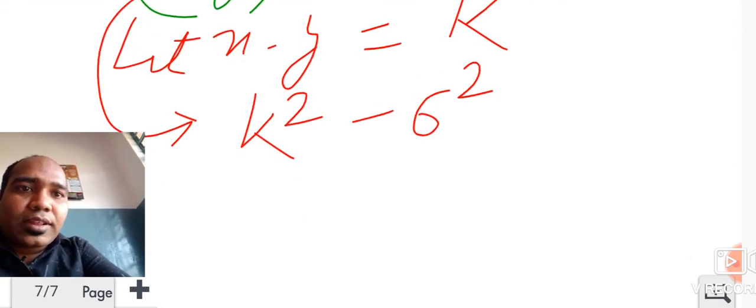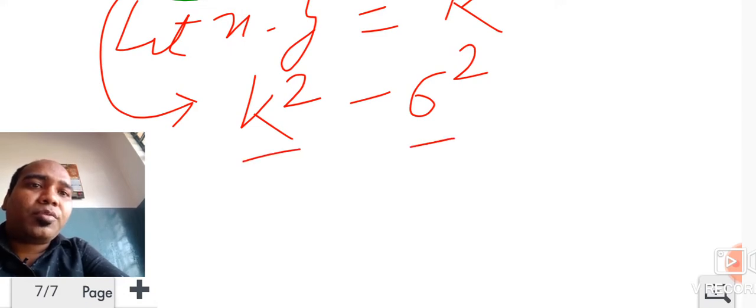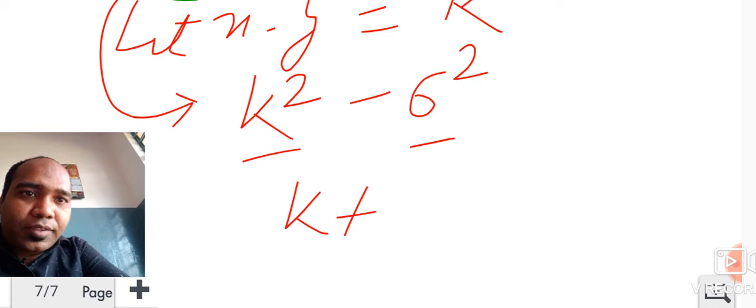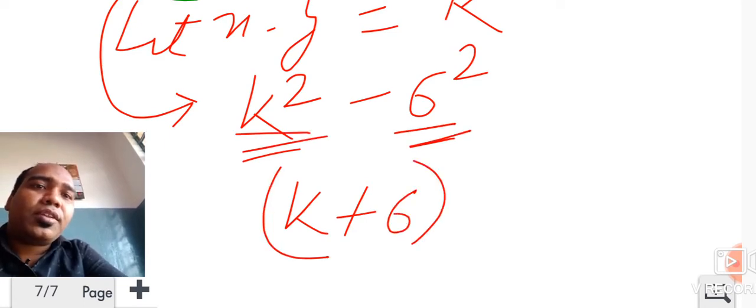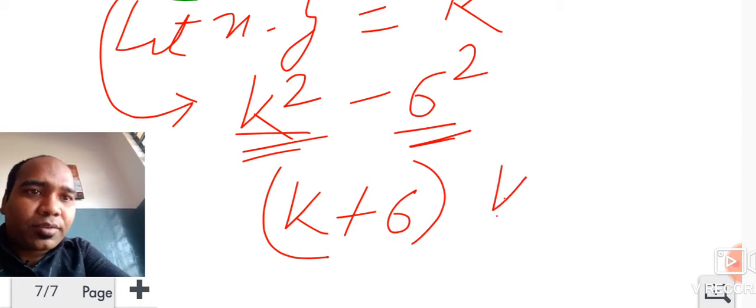Now it is in the form of a square minus b square. So again we can write it as a plus b into a minus b, so k plus 6 into k minus 6.